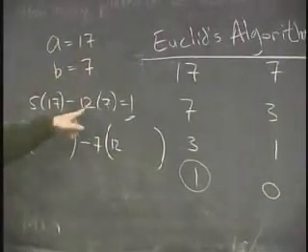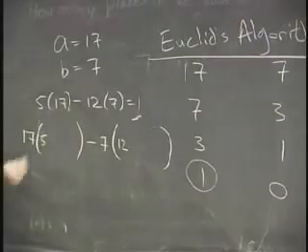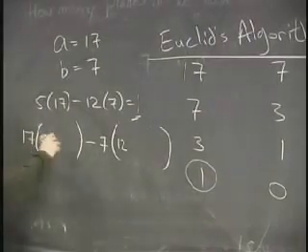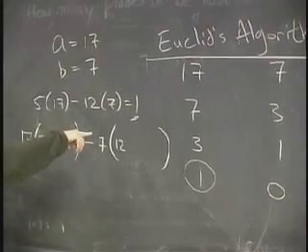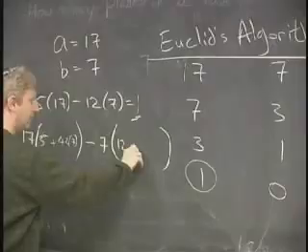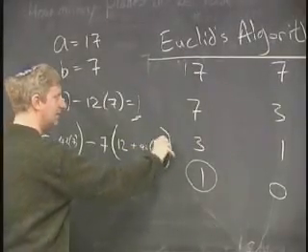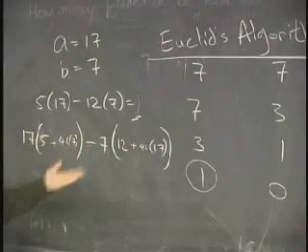So multiples of 7. Pick any multiple you want, your favorite multiple of 7. Don't pick 17. 42 times 7. And here we're going to pick 42 times 17. And I claim that this is going to also be equal to 1.